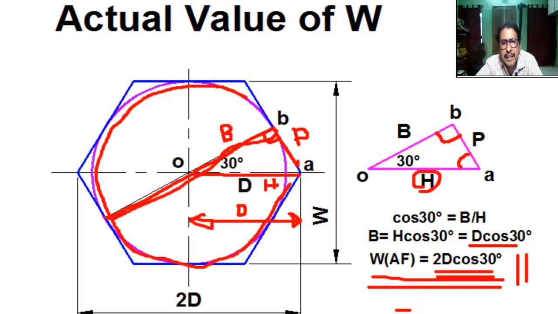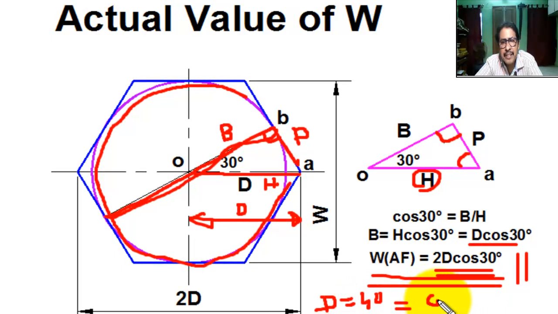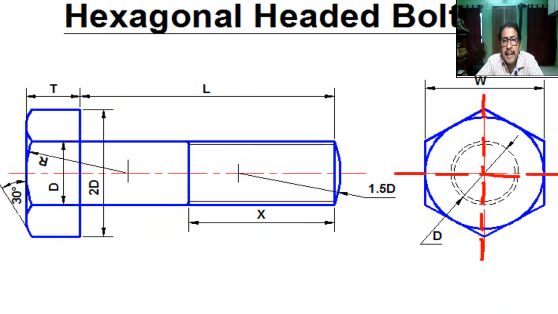If D equal to 40, then the value of this will be 69.2 something. Okay, this is the actual length.